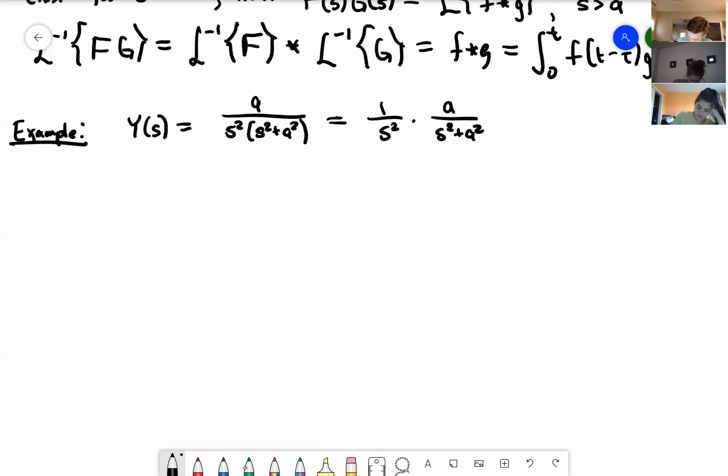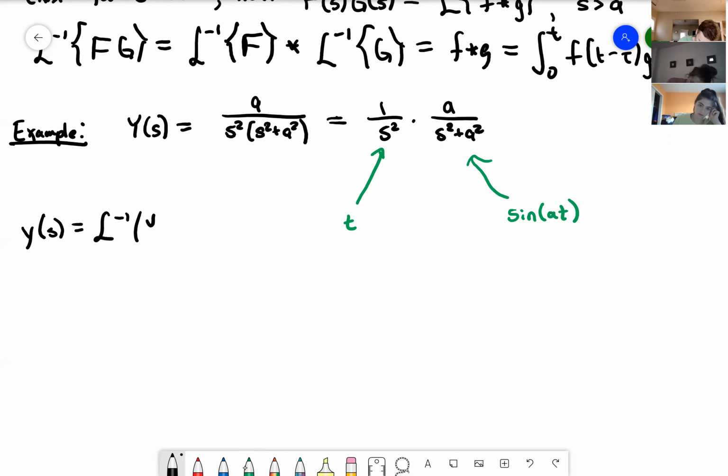Okay, now the inverse Laplace transform of this thing is just t. The inverse Laplace transform of this thing is sine of a t. So we can go straight to little y of t, which is the inverse Laplace transform of capital Y, sorry. It's just a letter, but we might as well stick to convention.